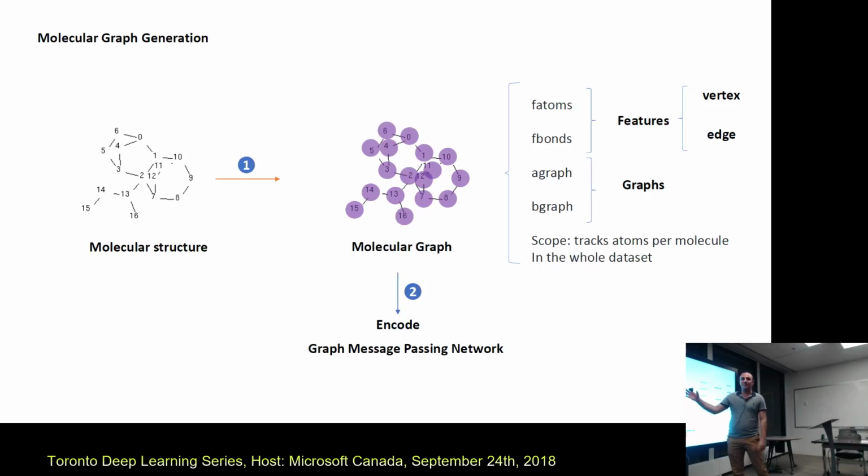In the first step, they create the molecular graphs, and the information they create can be divided into features and graphs. That includes atom features, bond features, atom graphs, bond graphs, and something called scope, which for a batch stores the number of atoms in each molecule.